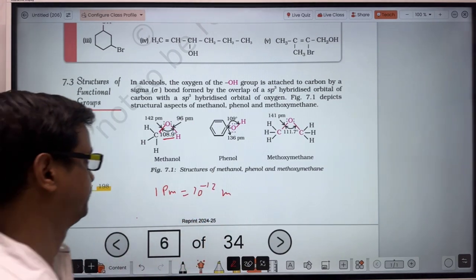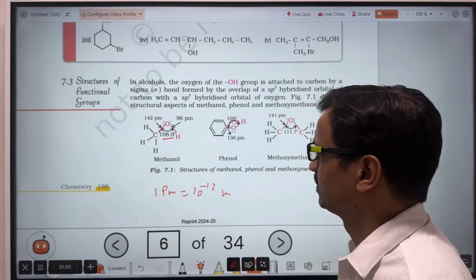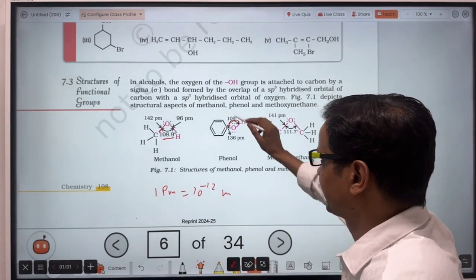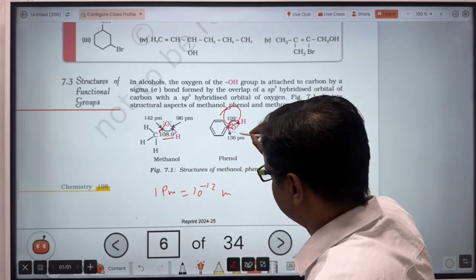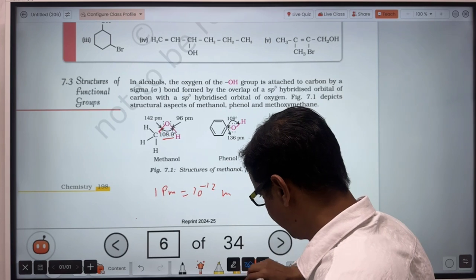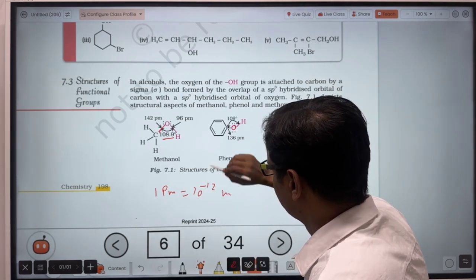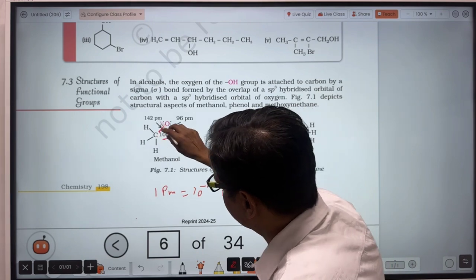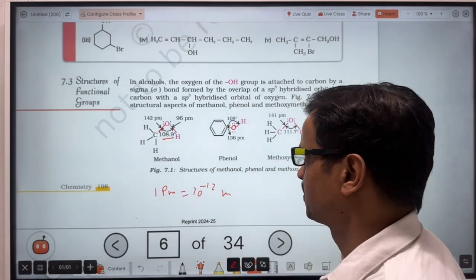In the case of phenol, what happens? There will be a meager increment in the bond angle, and it becomes 109.9 degrees. Since there is partial double bond character between the carbon of benzene and the oxygen, the bond length will decrease by 6 picometer.